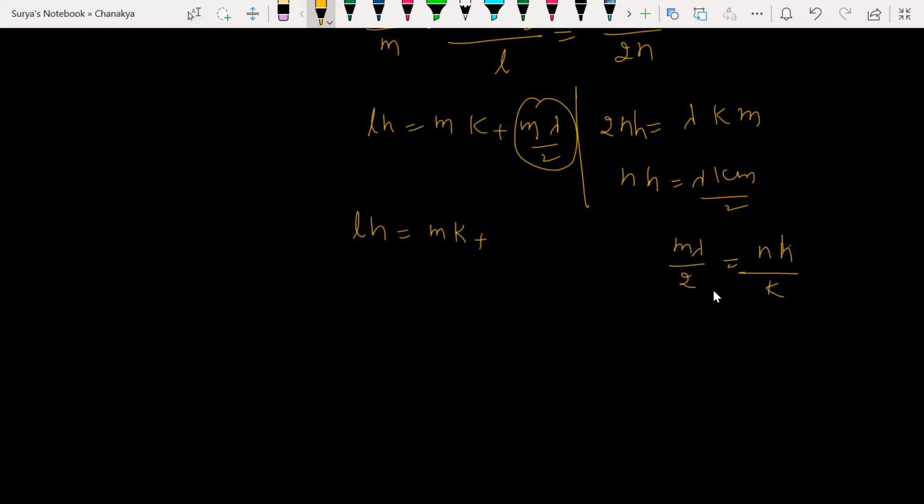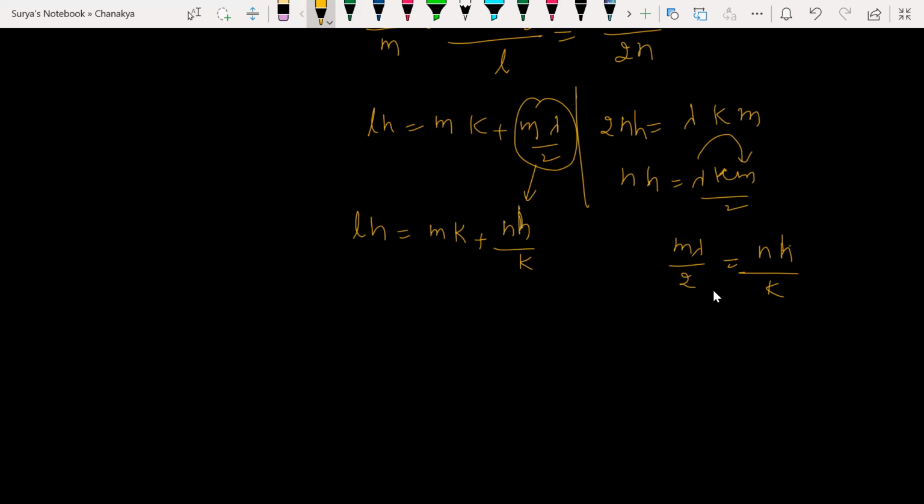Listen, be careful. Look at this here. Can I just transfer M lambda by K to this side? Look at this here. M lambda by 2 is equal to NH by K. Right? Now in place of M lambda by 2, I can write NH by K.